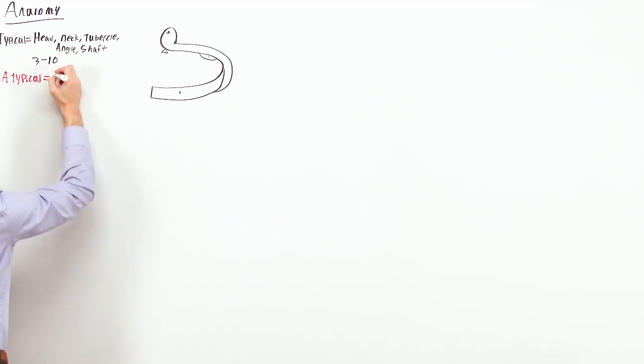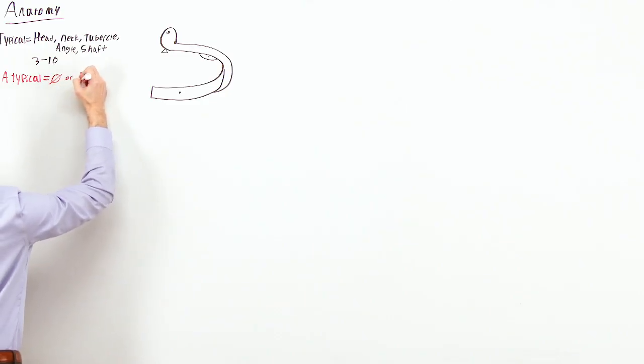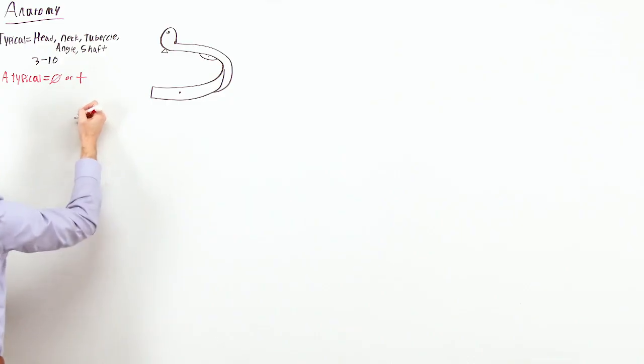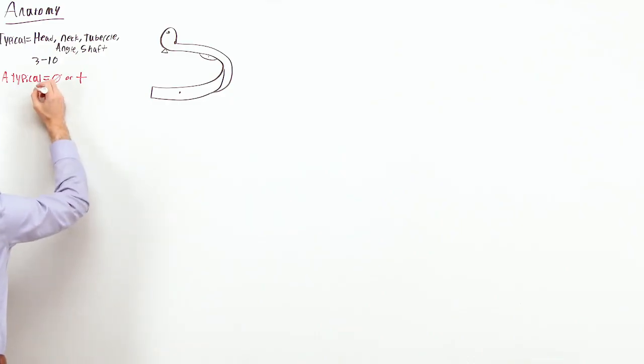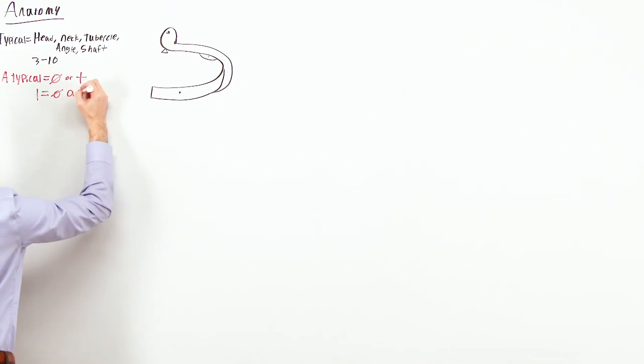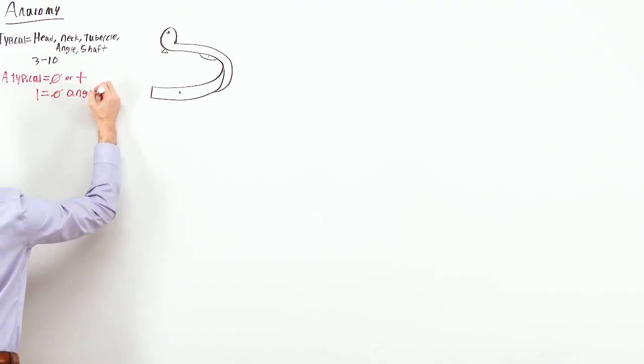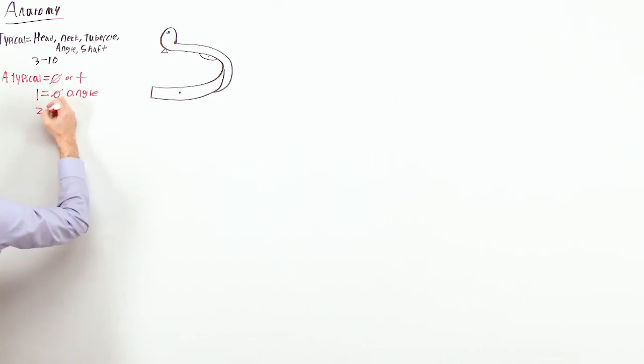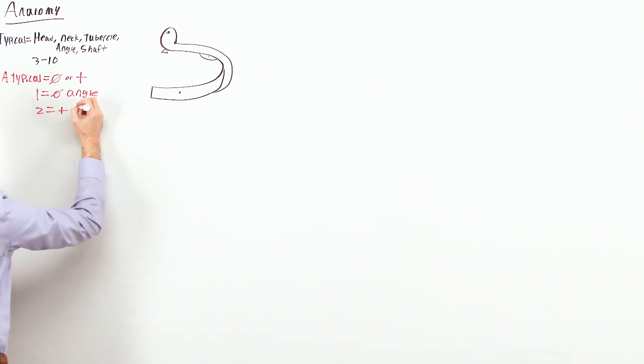An atypical rib either is missing a landmark or has an extra landmark. Rib 1 is atypical because it does not have an angle. Rib 2 is atypical because it has 2 tubercles.